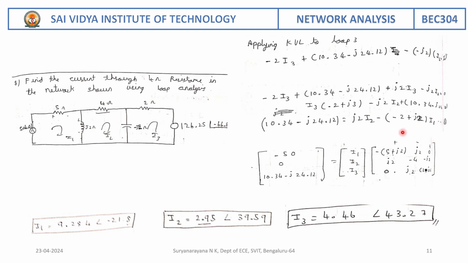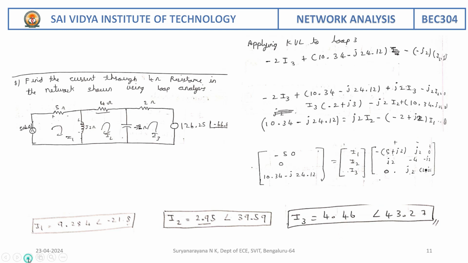So let us write this in the form of determinants or matrix. The impedance values are written in this matrix, the current values in this matrix, and then the voltage sources are written as shown. Now use Cramer's rule in order to solve for I1, I2 and I3. So what is the equation for I1?